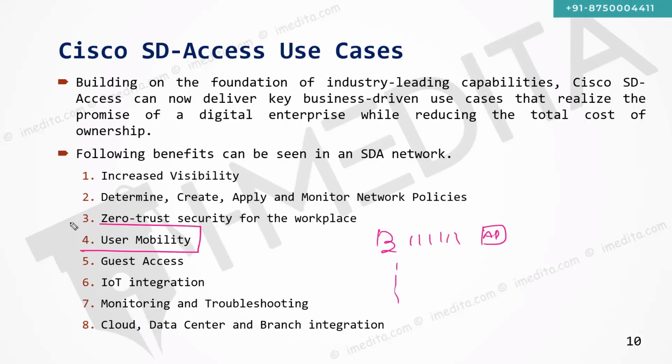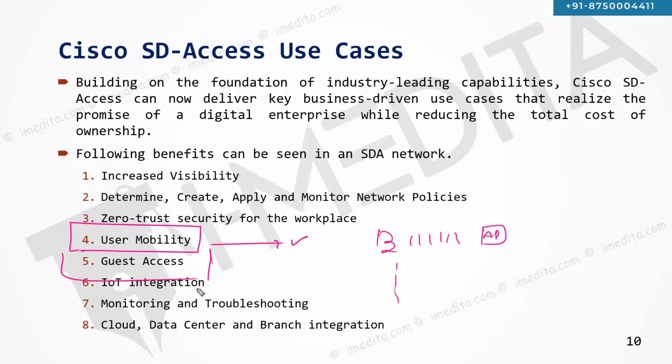The user can roam from place to place and still be connected to the same network without any problems, and still be subjected to the same policies, no matter if it is the first floor AP, second floor AP, or third floor AP.